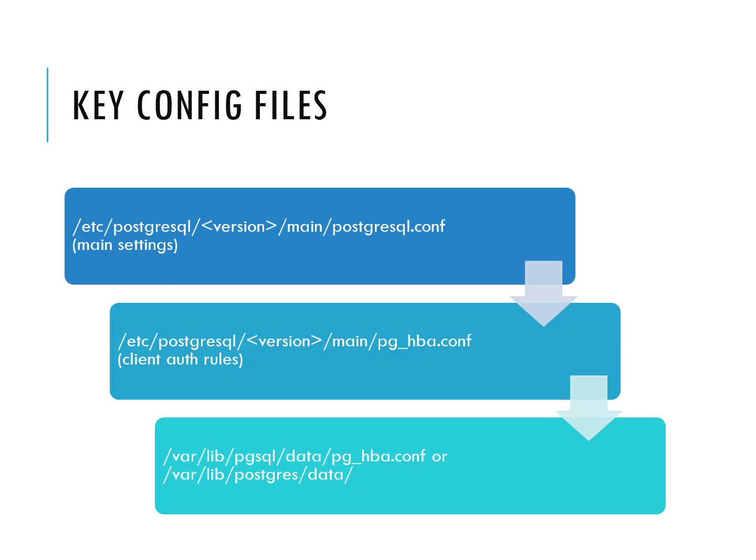In regard to configuration files, the two primary files to know are postgresql.conf, which contains the main server settings, and then pg_hba.conf. This is the host-based authentication file.